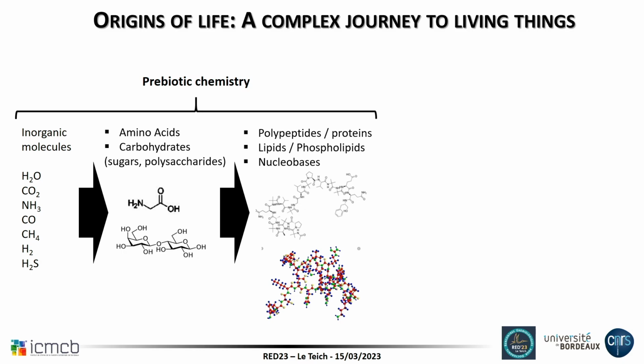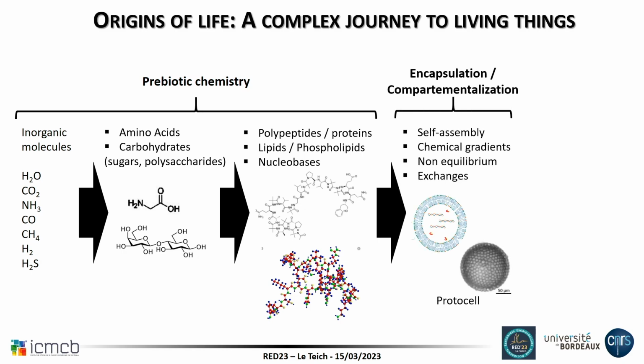All these elements, you have seen that I think this morning also, are the three key components to be encapsulated, to form protocells with self-assembly of lipids, phospholipids for instance, creating chemical gradients through membranes, creating, and that is very important, non-equilibrium conditions. As soon as you are thermodynamically stable at equilibrium, you have no life.